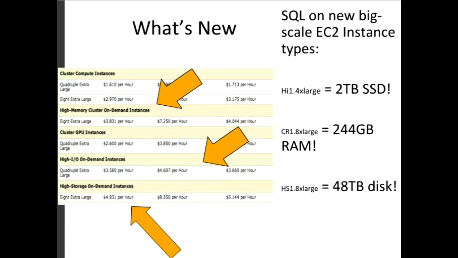And so you need things like solid-state disk local to the instance up to 2 terabytes on our high I/O 4x larges, or 244 gigs of memory in the CR1 8x large instances. For data warehousing style applications, we even have instances with 48 terabytes of local disk. So very powerful instances, all of which you can rent by the hour to deliver high performance for online and offline database workloads.